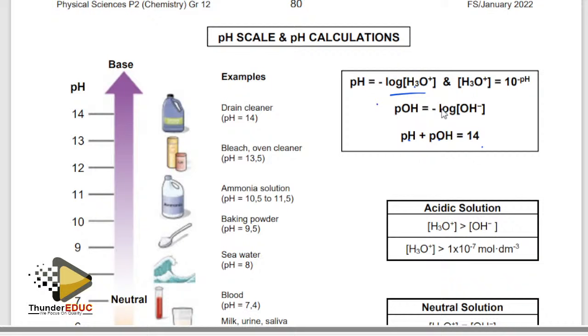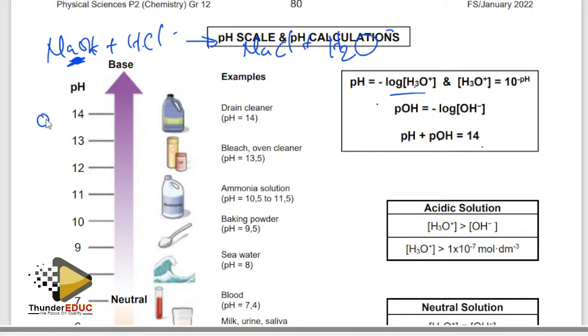You understand? For example, you have sodium hydroxide plus hydrochloric acid, and then they give you sodium chloride plus H2O. Then they want you to calculate the pH of this, but they have given you the concentration of the base.